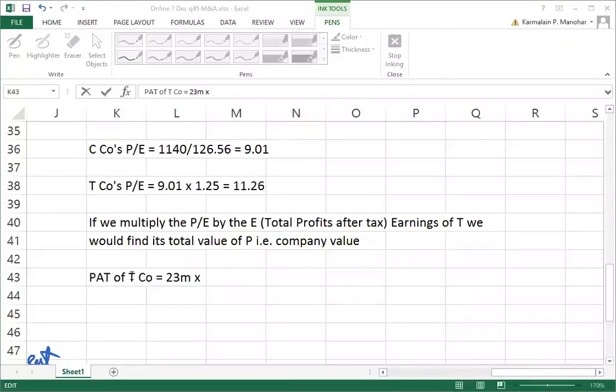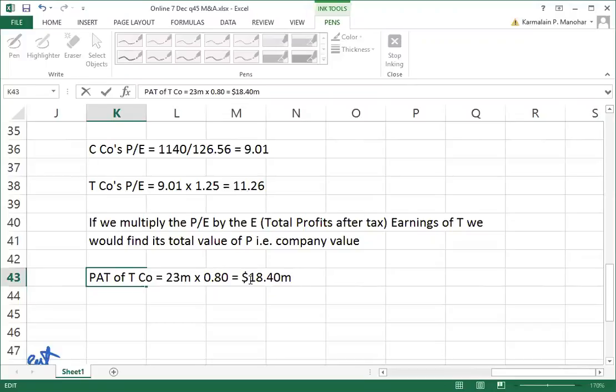Thanks, Stacy. That's $18.4 million, two decimal places: 23 times 0.8 is 18.40.